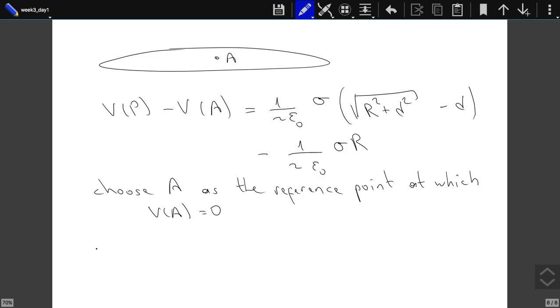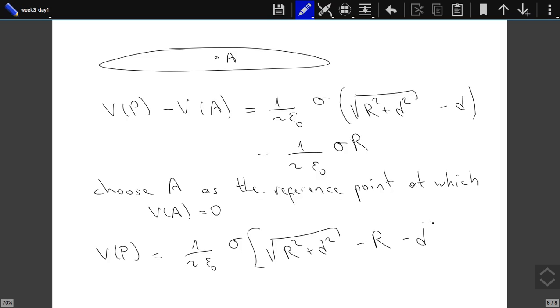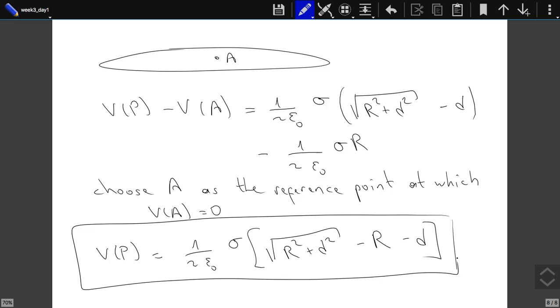Then this is the potential at the point P. Of course, this is still the expression for a finite disk of radius r. Now we are going to take the limit as r goes to infinity.